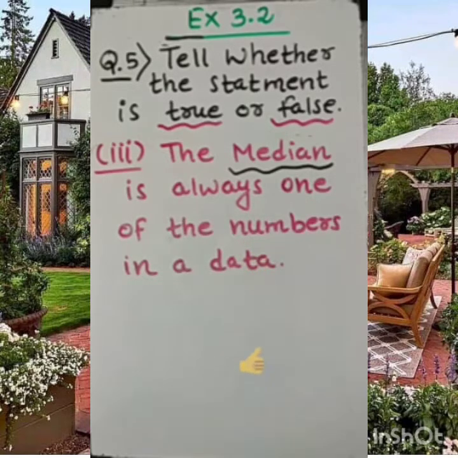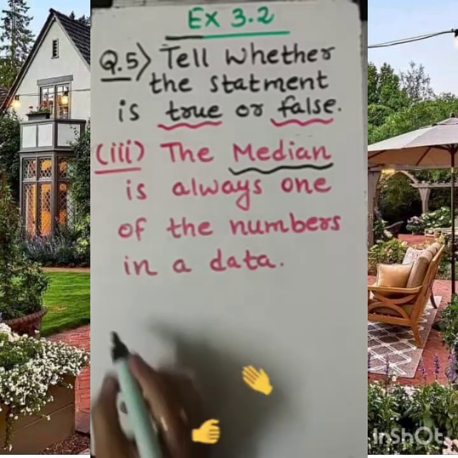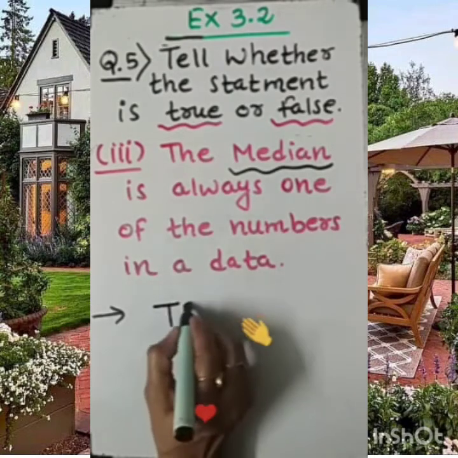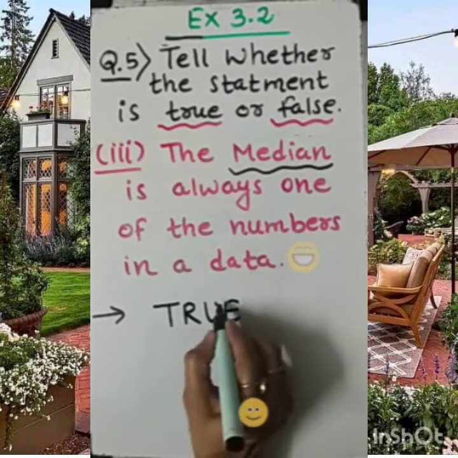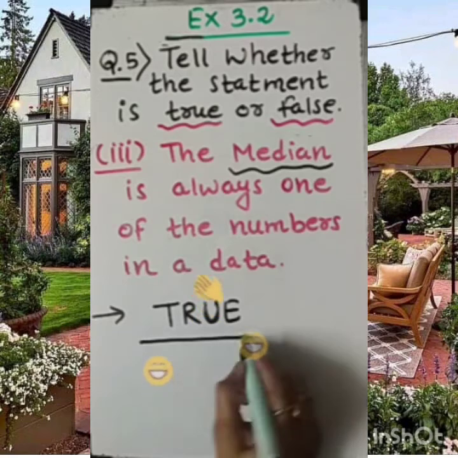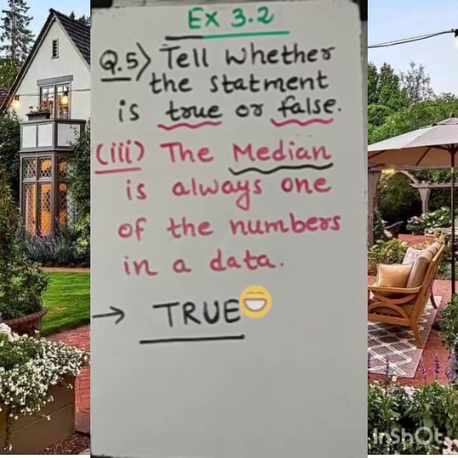We are choosing from the same observations, right? So we can say that yes, the statement is true. So for the median, this statement is true. Only the statement is not true for the mean. This is the third true false. Now let's go with the fourth.